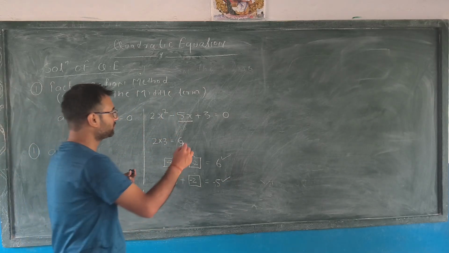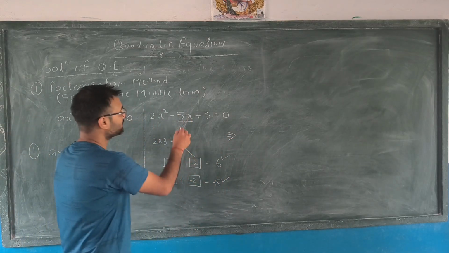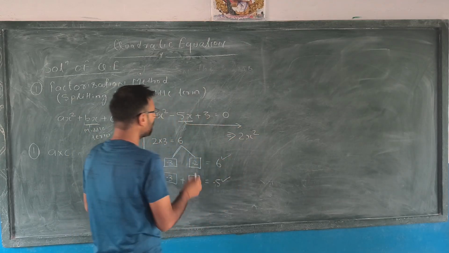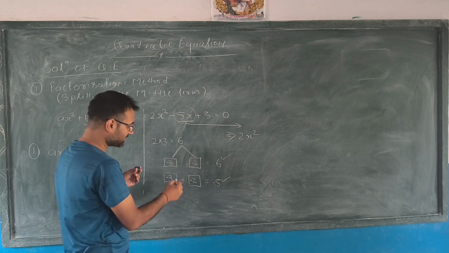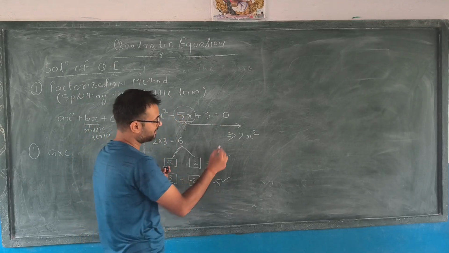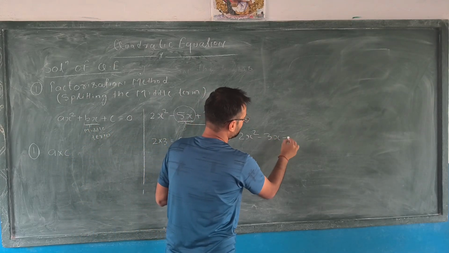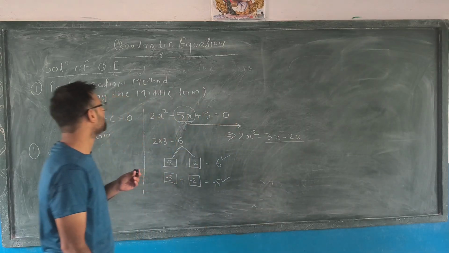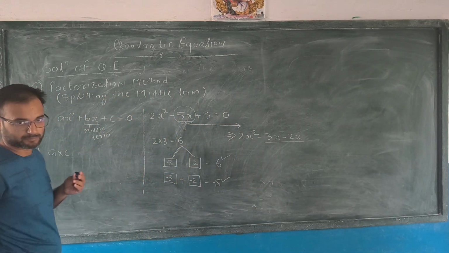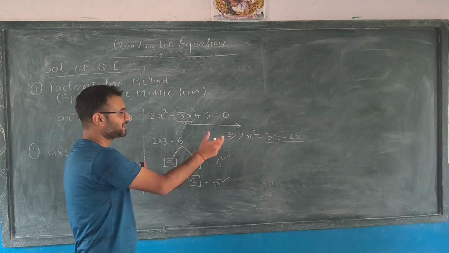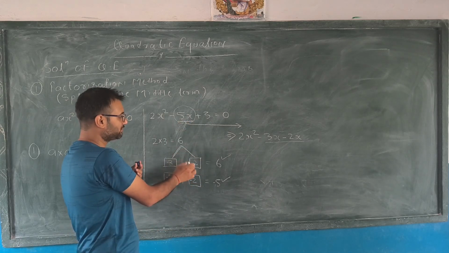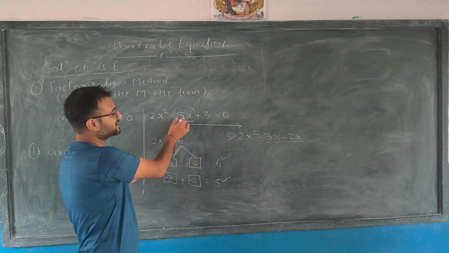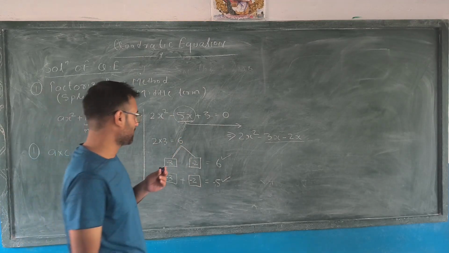Now the middle term is split: 2x square, and we write the middle term as minus 3x and minus 2x. That is why it is called splitting the middle term. Split the middle term in such a way that the product of the two numbers is 6 and their sum is the middle coefficient, minus 5.